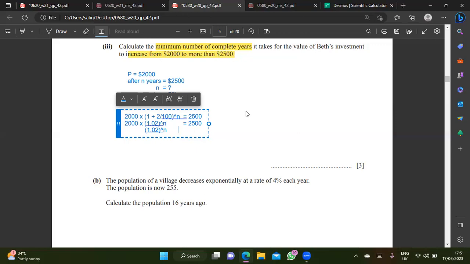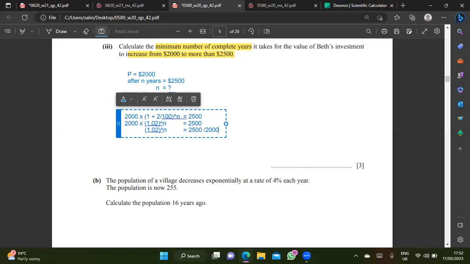So just keep it equals to 2,500. What happened to my 2,000? This is multiplied by, so we switch it into divide by 2,000. Am I allowed to just bring 1.02 to the other side? No, I cannot solve.